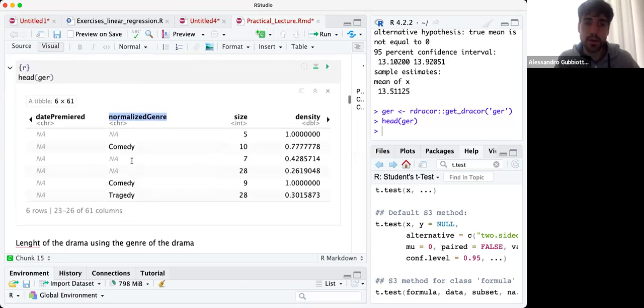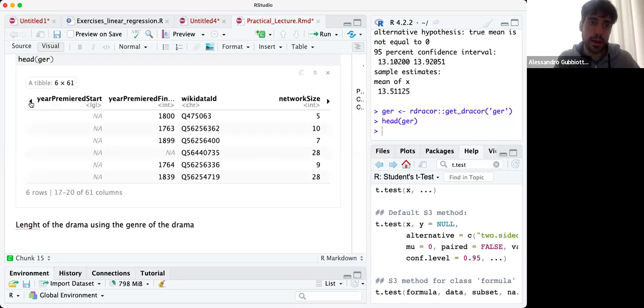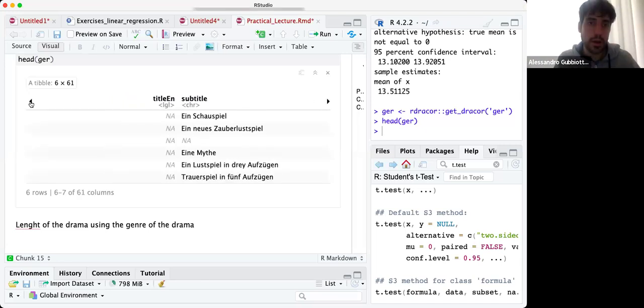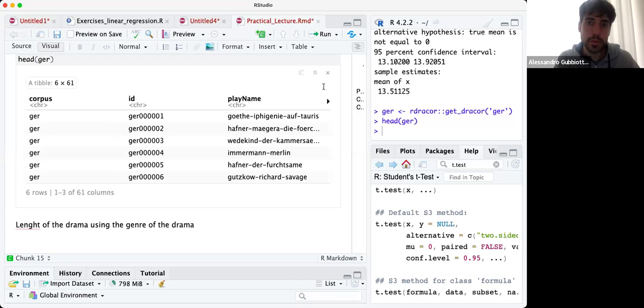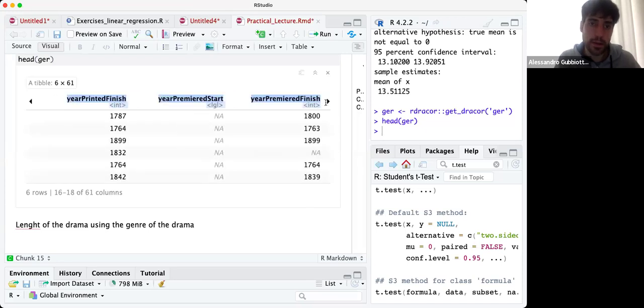So we try to predict the length from this column. There should be a column called length. Let's see.